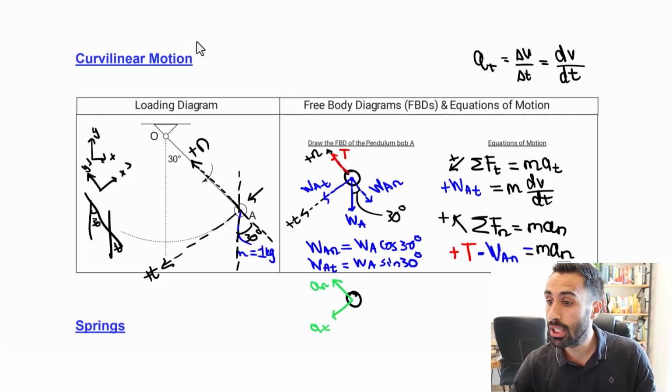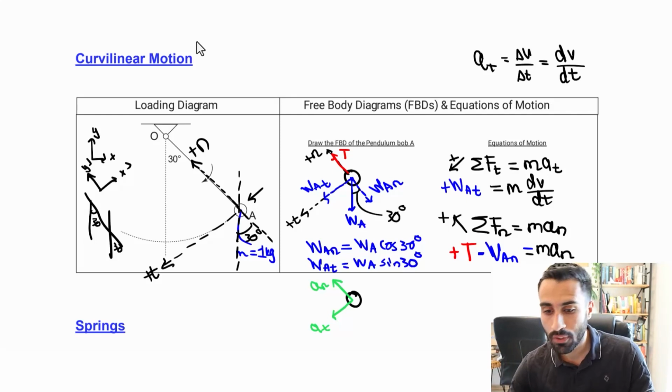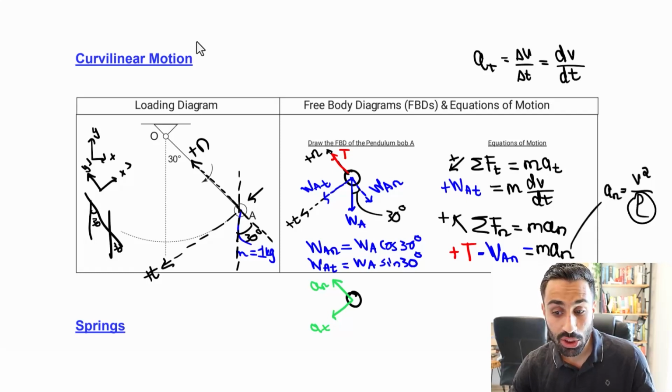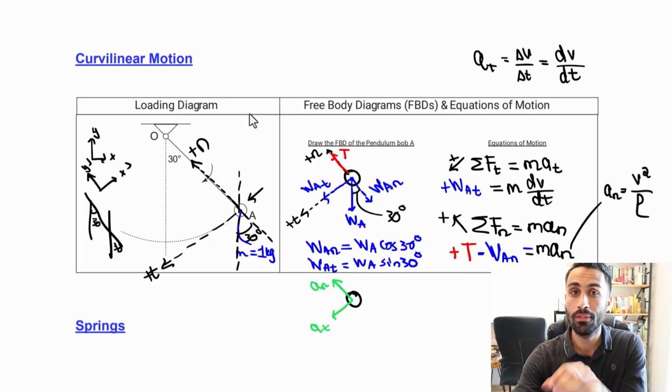Note the acceleration in the normal is also in the handbook. It's defined with respect to the radius of curvature. That acceleration in the normal is going to equal the velocity squared divided by the radius of curvature. And this is likely going to be given. If we have the velocity, we can put that in and solve these forces. So that's how we do curvilinear motion.